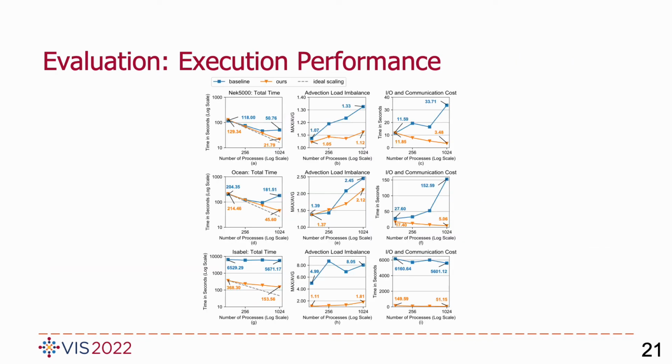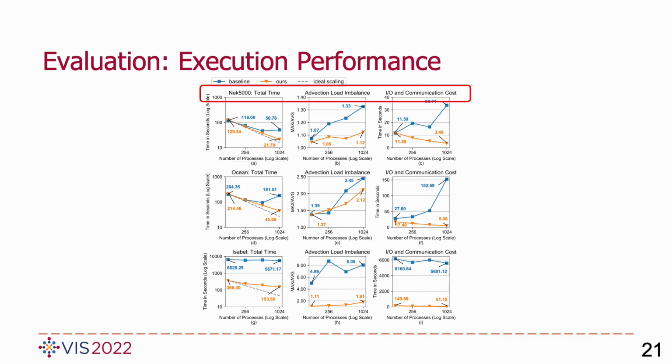We evaluate the execution performance by comparing with the state-of-the-art dynamic load balancing approach as a baseline. The baseline is colored in blue, and our method is colored in orange. The horizontal axis encodes how many processes are used.